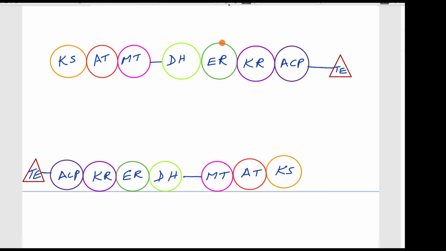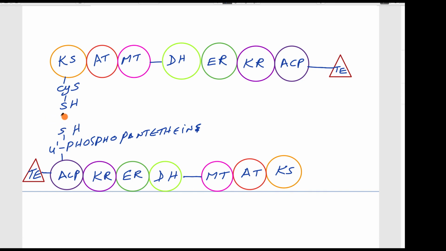Let us see how these monomeric units are connected. Keto acyl synthase has a cysteine, which contains an SH group. ACP contains 4-phosphopantetheine, which also has an SH group. So both are connected.